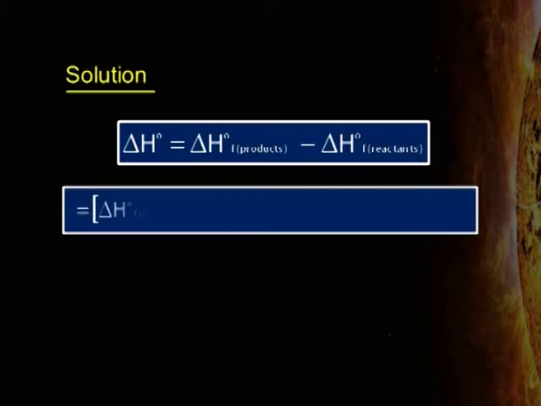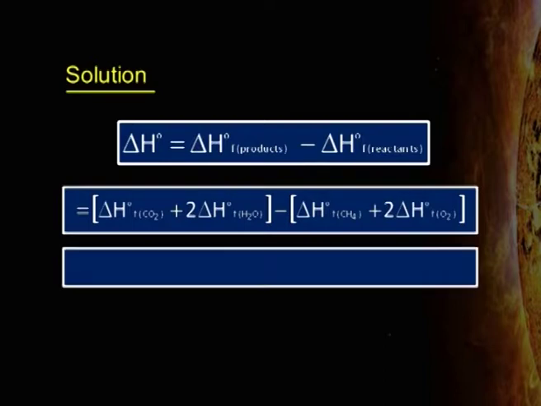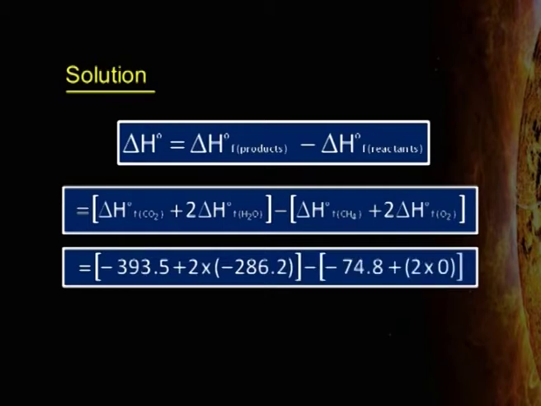Therefore, delta H naught of reaction will be equal to delta H naught formation of carbon dioxide plus 2 into delta H naught formation of H2O minus delta H naught formation of CH4 plus 2 into delta H naught formation of oxygen. You will get minus 393.5 plus 2 into minus 286.2 minus 74.8 plus 2 into 0.